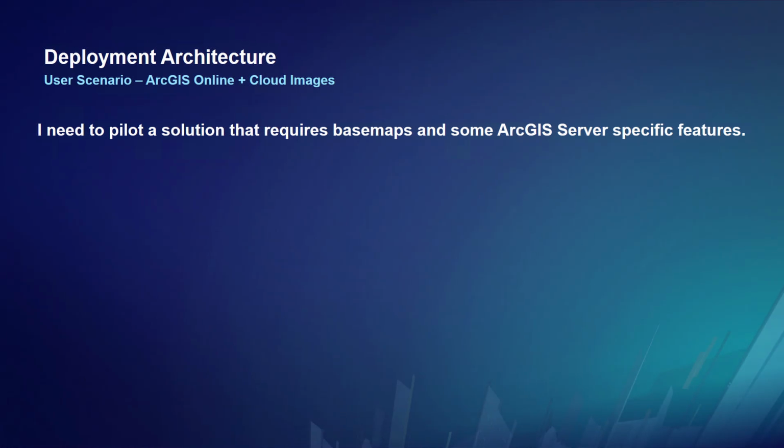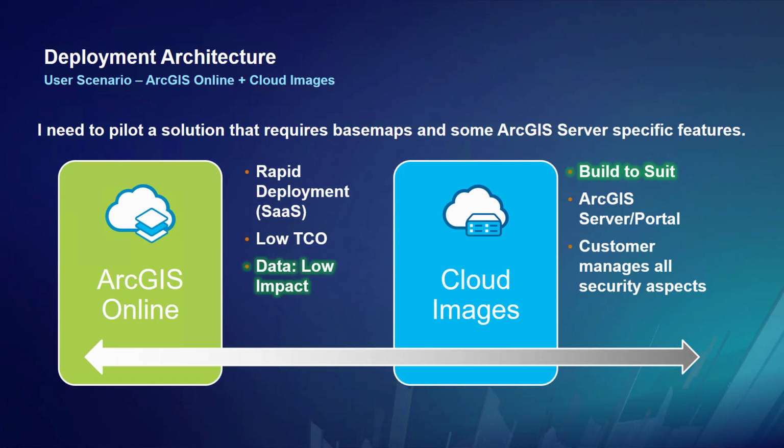Now, as another scenario, what if I want to have a pilot solution that incorporates base maps and some ArcGIS Server specific features? That's a scenario where you might want to add cloud images. Remember I talked about this prototype concept, build something to suit your needs, ArcGIS Server and Portal, and you manage the security of that as necessary.